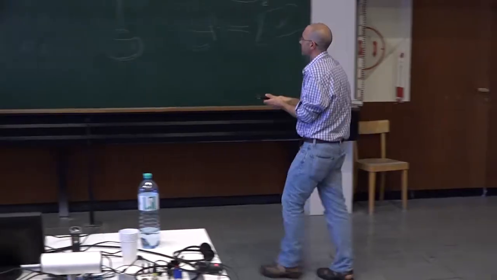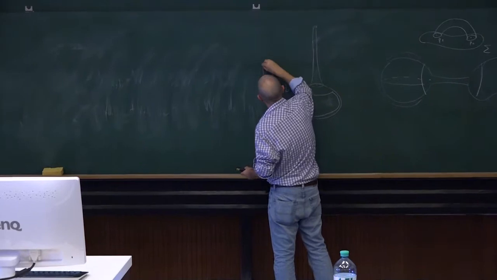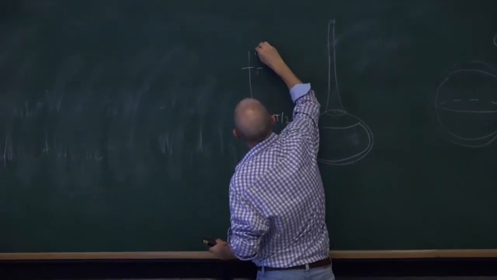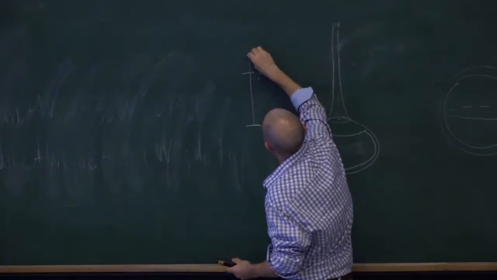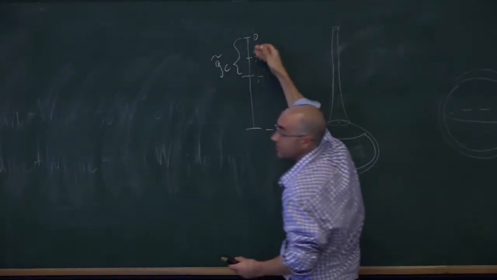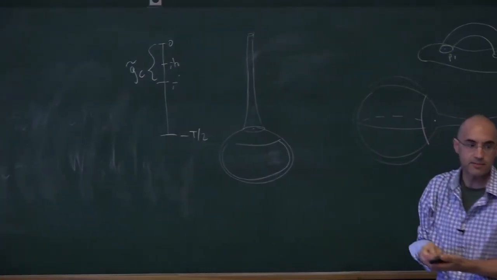So you've got minus t over 2 to minus 1, minus a half. Now you're exactly cylindrical here. And then you'll do that on the other end too, and then put them together.